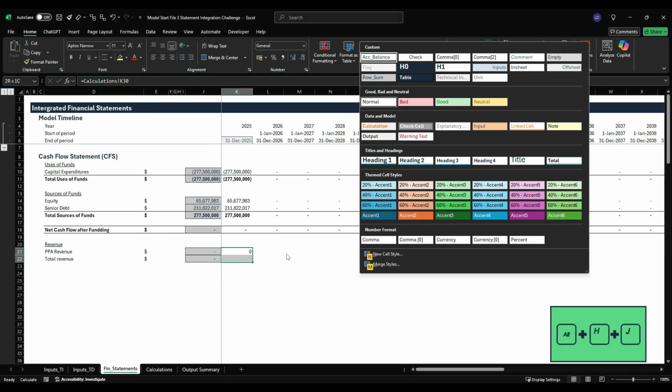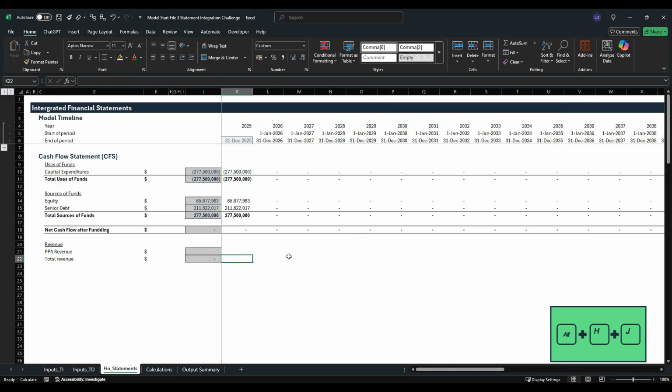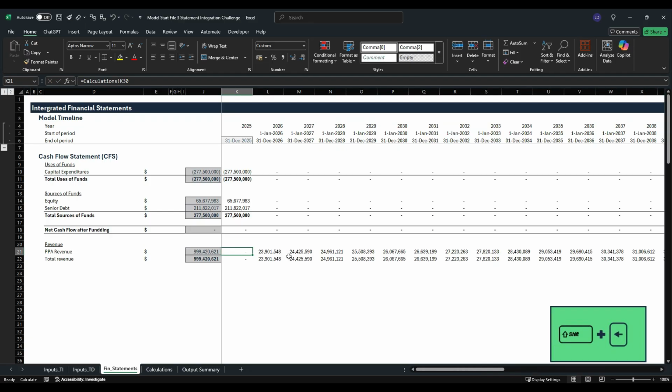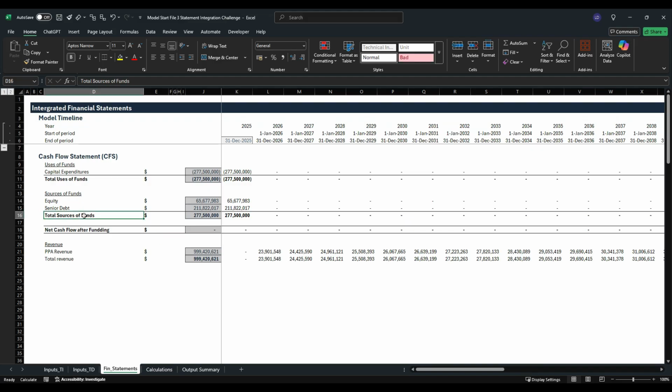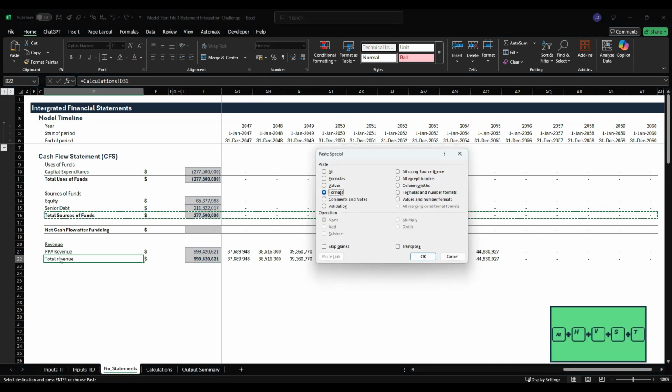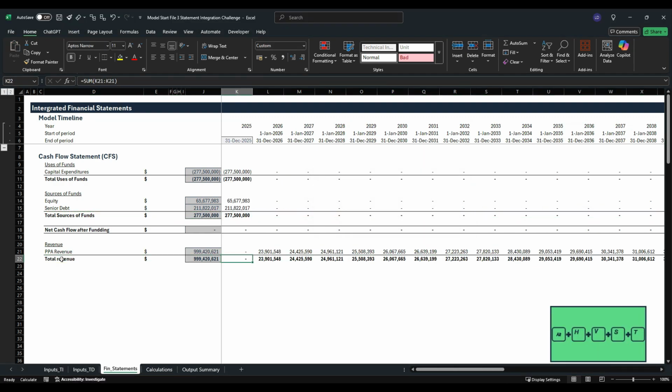Mark these 2 cells, hit Alt HJ, comma 0. And this is essentially just the sum of the above, in this case just our PPA revenue. Drag this over, Control R. Pick up this style here, copy this, Alt HVST. And that leaves us with our total revenue.